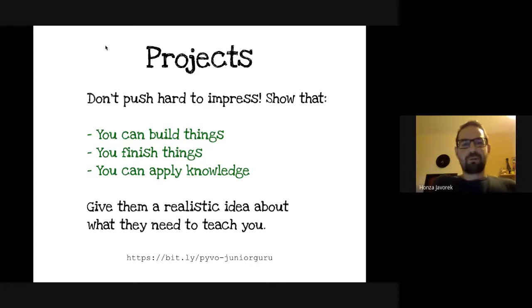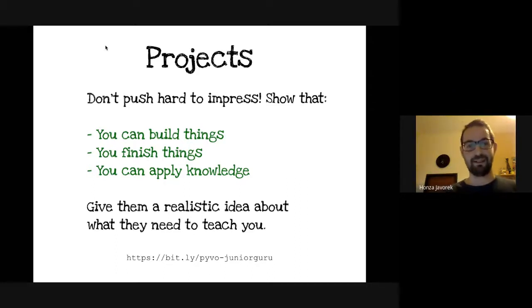So first, about projects. You're a junior, and nobody expects you to present something amazing. You're not expected to bring something which blows people's minds and will be eternally beautiful.